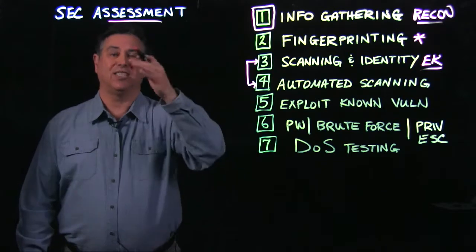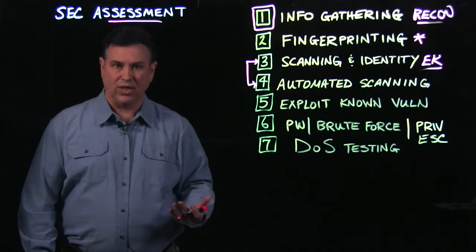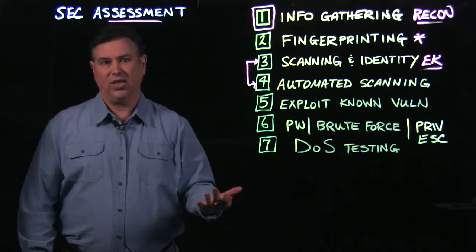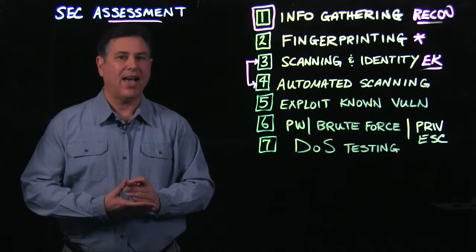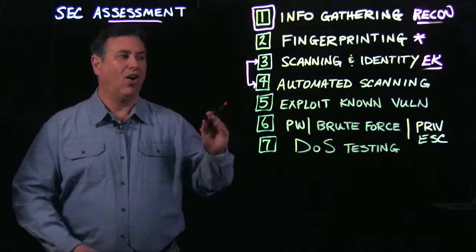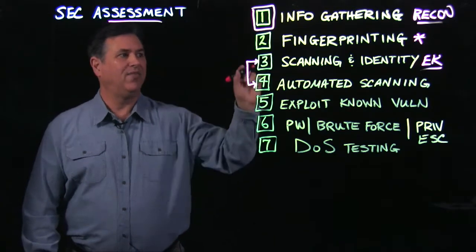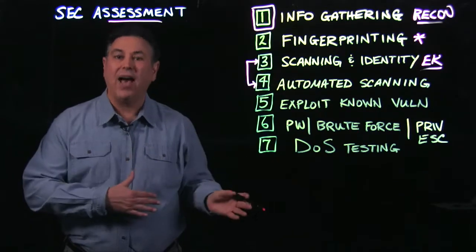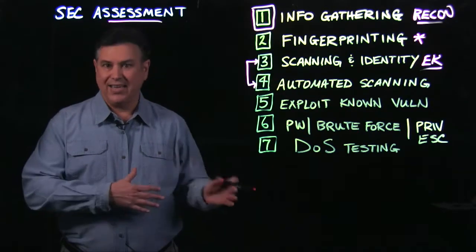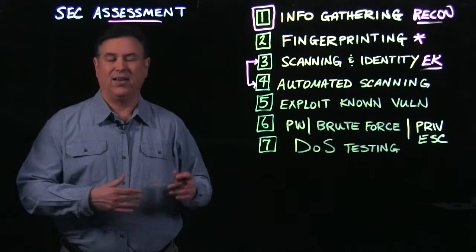But let's just say we're assessing for compliance reasons or for auditing reasons. Well, we need to make sure we understand which hosts, IP addresses, and MAC addresses are the source of these fingerprinting and automated scanning, so we can filter them out on the firewall, IDS, IPS, and other systems.